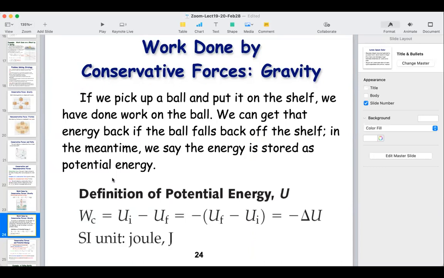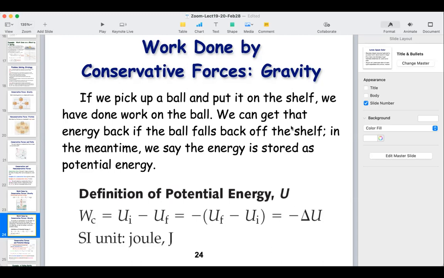So the work is U initial minus U final, which means minus U final minus U initial, which means minus delta U. This is the definition of our potential energy.